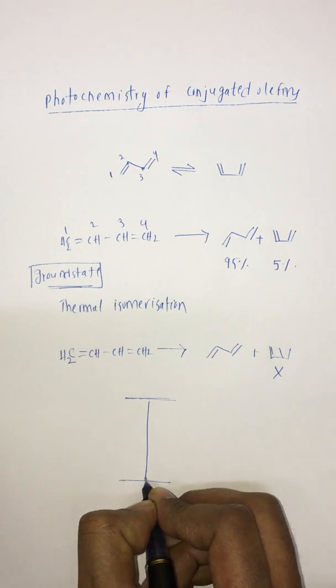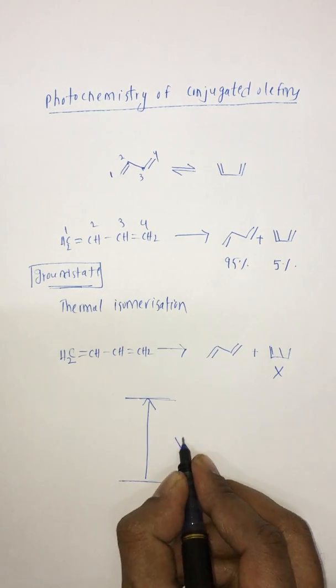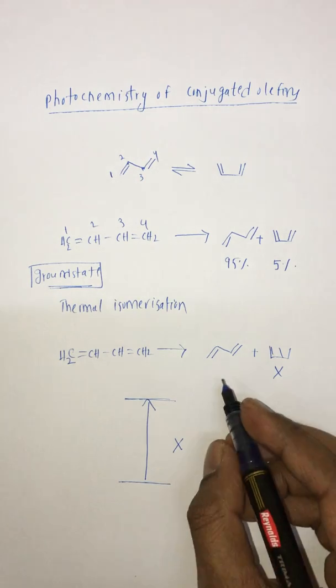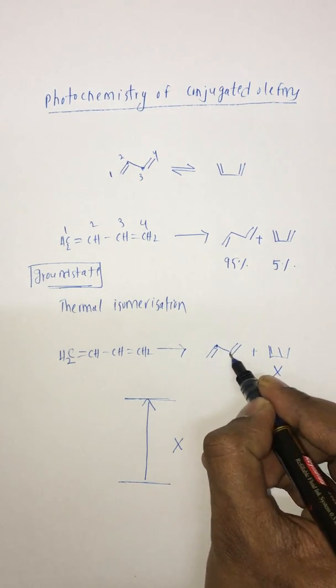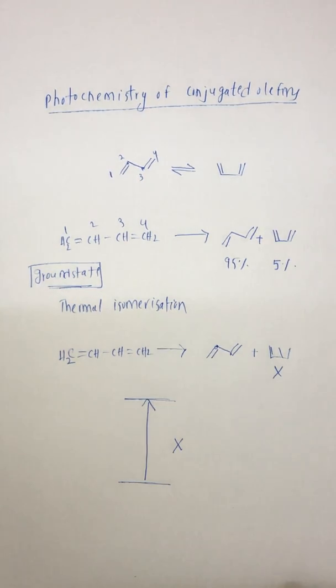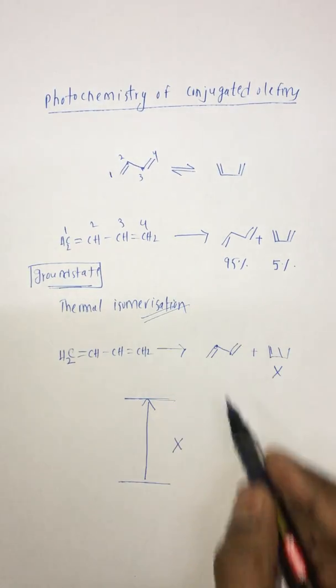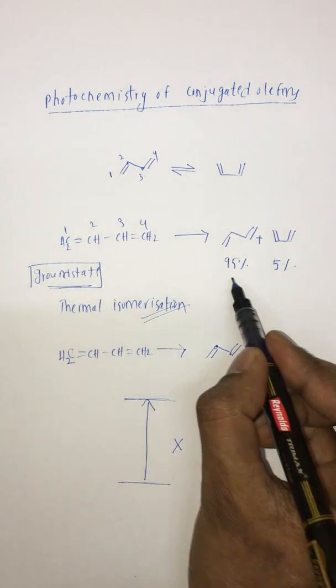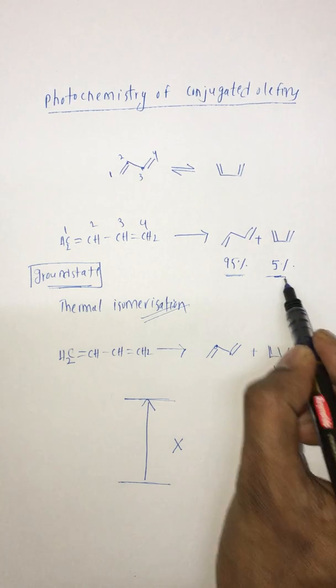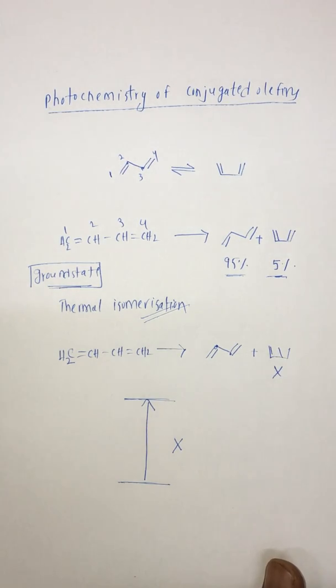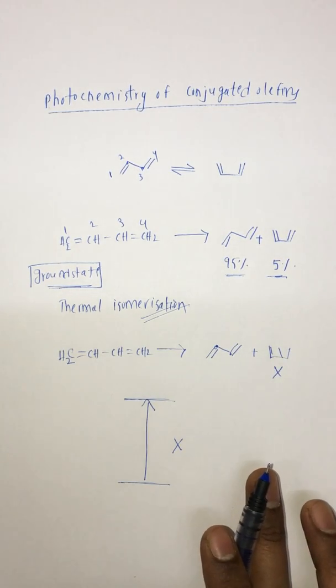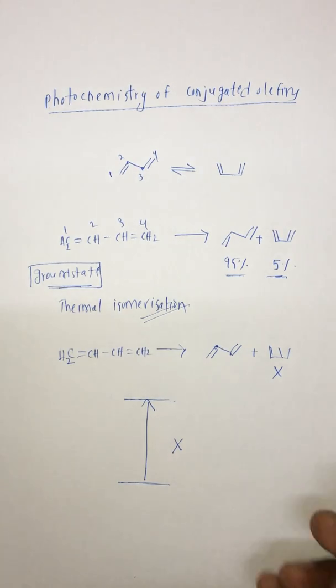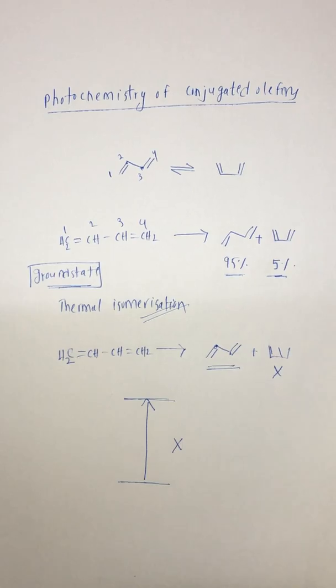So photochemical energy is not sufficient to rotate C2 and C3. Only thermal energy is sufficient. That's why at ground state we see cis and trans in a 95:5 ratio, whereas in photochemical conditions, that means in the excited state, we will see only the trans but not cis.